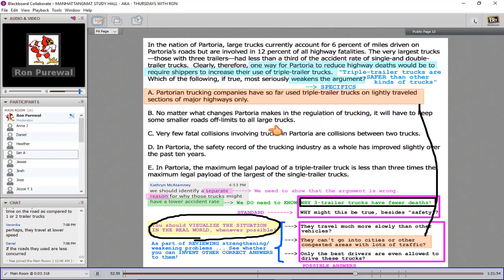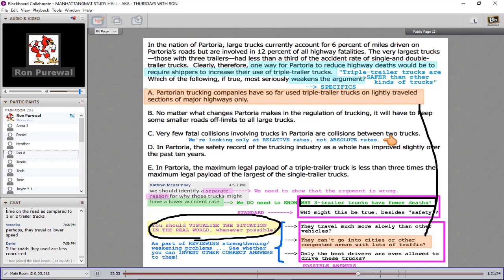The point here is that relative to other trucks, these ones have a lower fatality rate. We're not concerned with absolute rates at all. We're only looking at relative rates, not absolute rates. So this is not a thing.